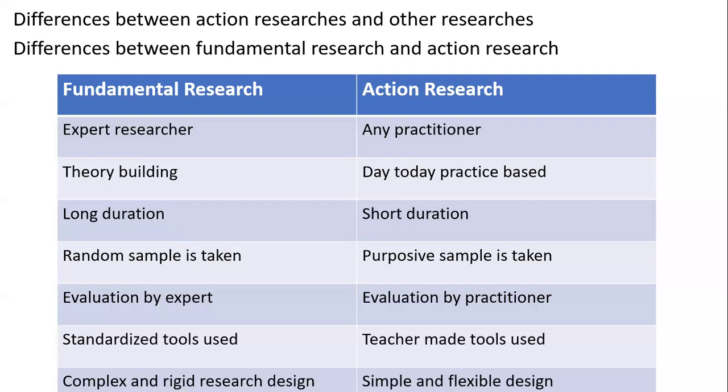So at the beginning, imagine your students are poor in their grammar, right? Grammar means you can't take broad problems. Grammar means, for example, present continuous. Then you observe that in the term test, they have very low marks. About 6 students have scored very low marks for this question. So then you select these students and you plan some activities.